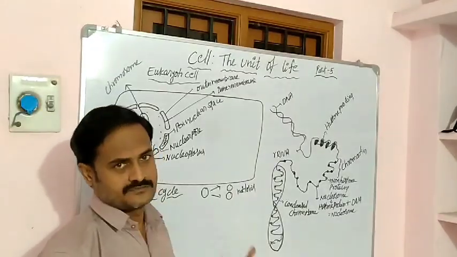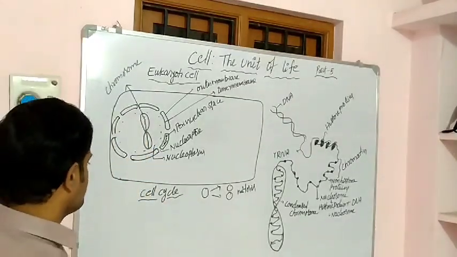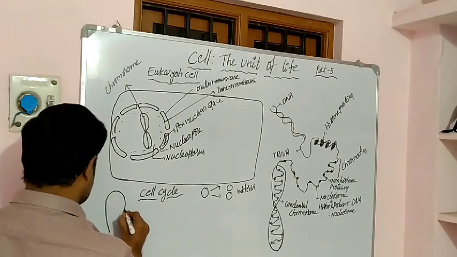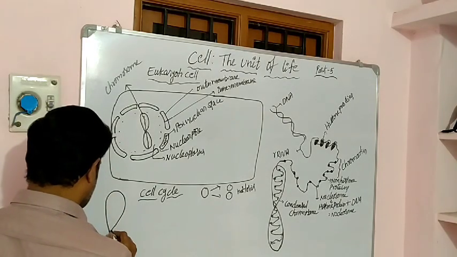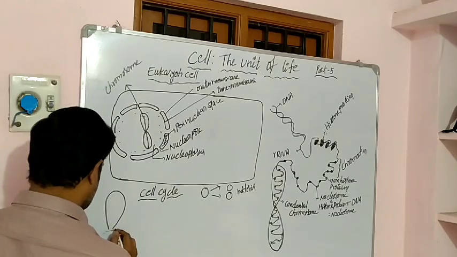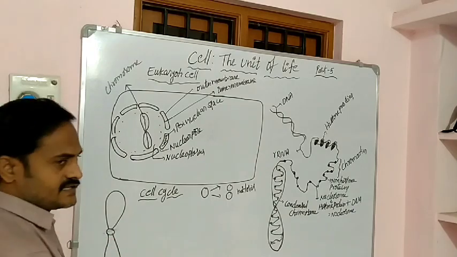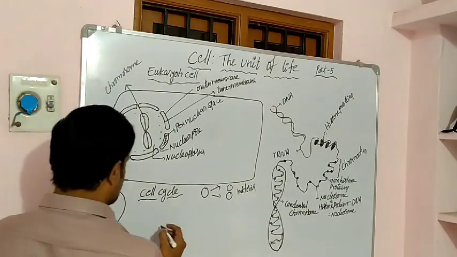How is it possible? See, actually the chromosome is like this. This is one type of chromosome. I will draw one more.